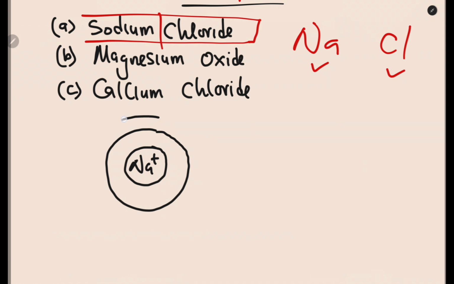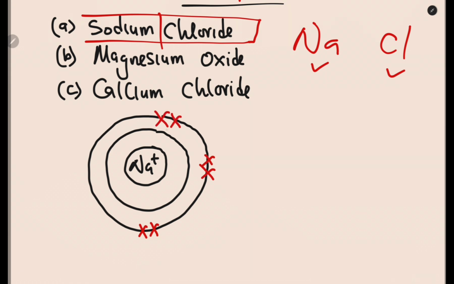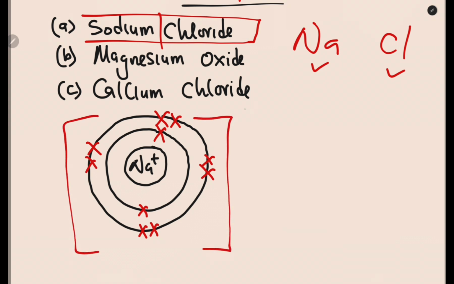How many shells? 2 shells. Remember where we are coming from. Let me put the outermost electrons, 8. I'm just drawing the part for the final ion, not how it was formed. So this is what we learned, that this is the sodium ion.